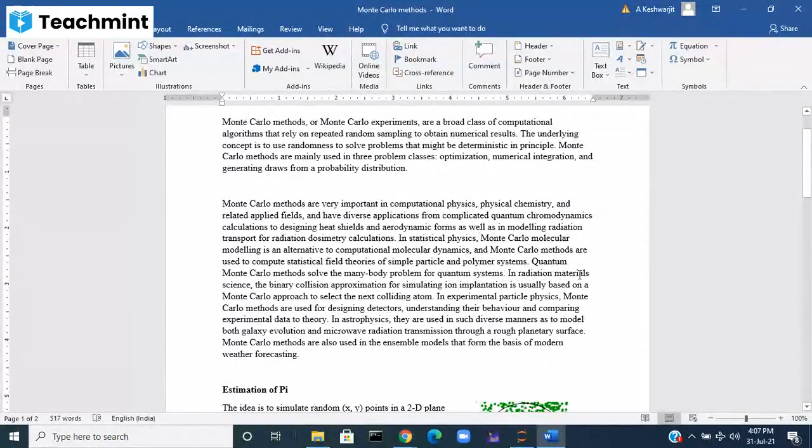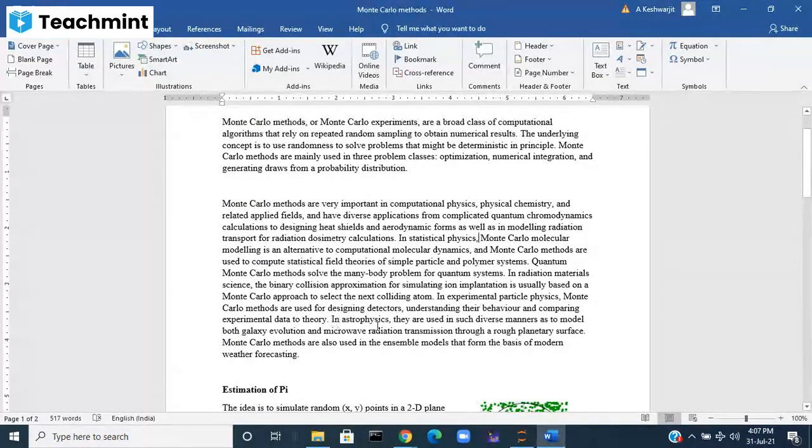In radiation materials science, the binary collision approximation for simulating ion implantation is usually based on a Monte Carlo approach to select the next colliding atom. In experimental particle physics, Monte Carlo methods are used for designing detectors, understanding their behavior, and comparing experimental data to theory.